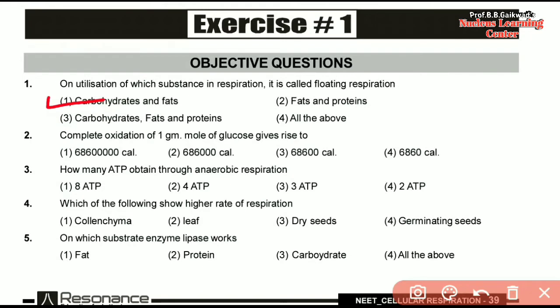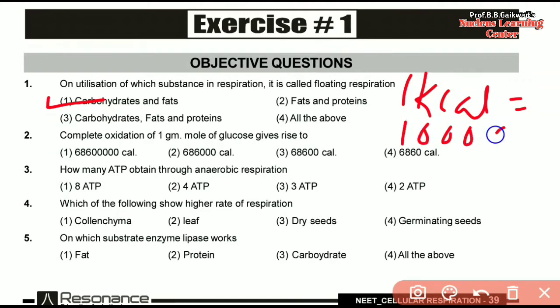Here 1 kilocalorie is equal to 1000 calories. Multiply these 1000 calories by 686. So for the second question, the correct answer is option 2, that is 686 calories.